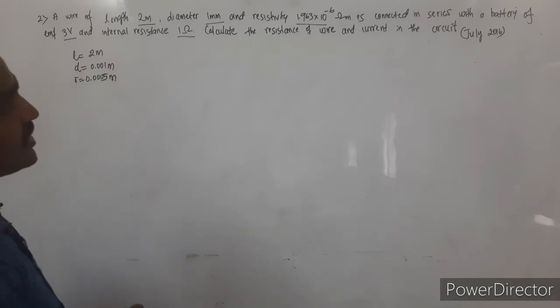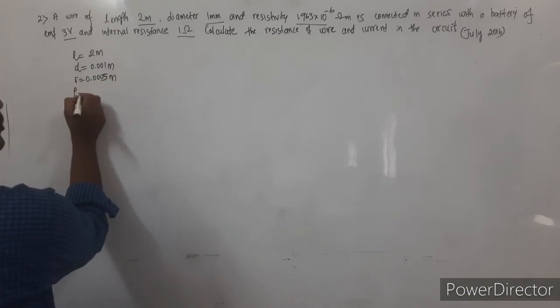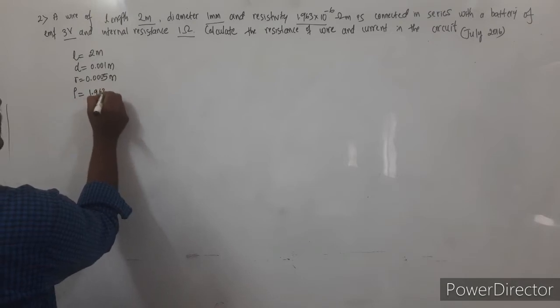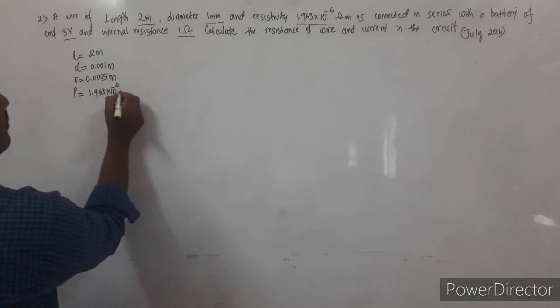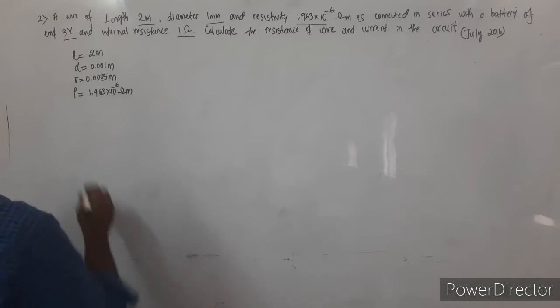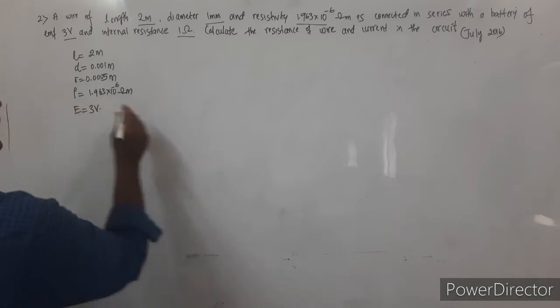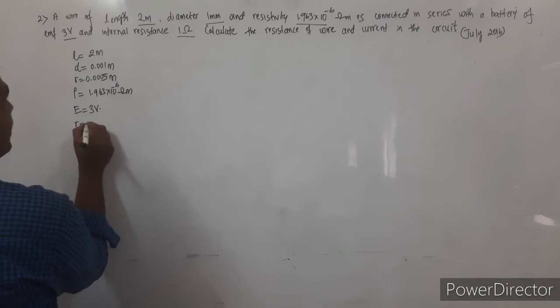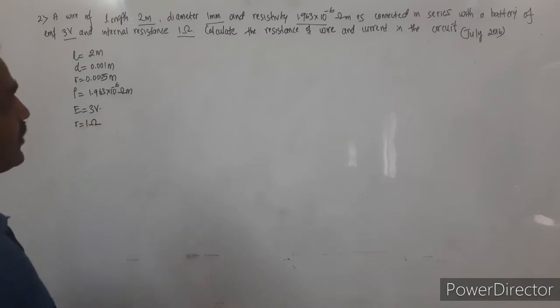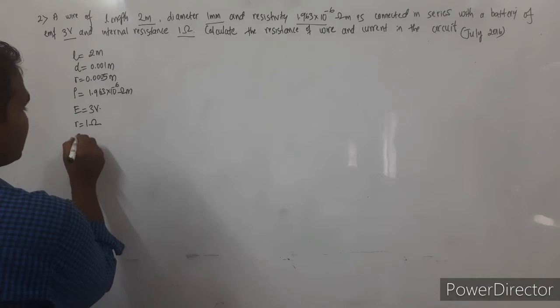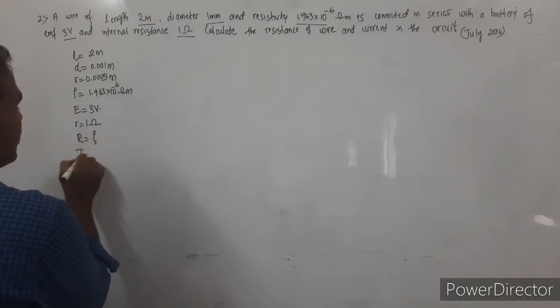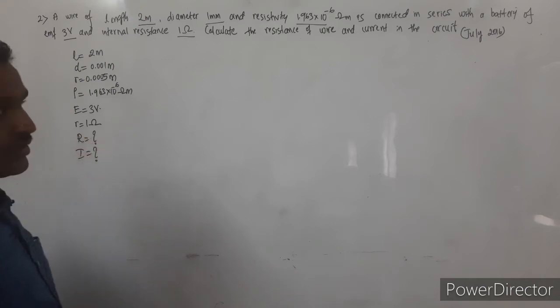The resistivity is 1.963 into 10 to the power of minus 6 ohm meter, the EMF of the cell is 3 volt, and the internal resistance of the cell, small r, is 1 ohm. We have to find out the resistance of the wire as well as the current in the circuit.